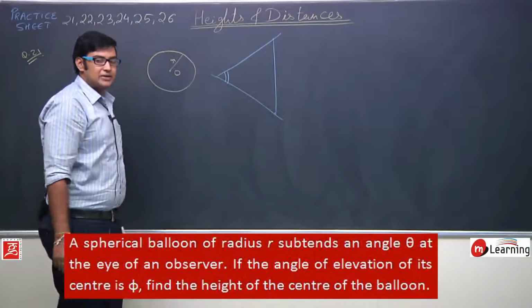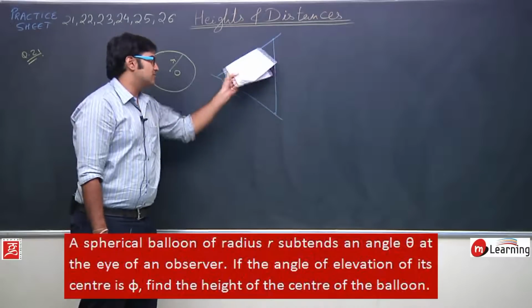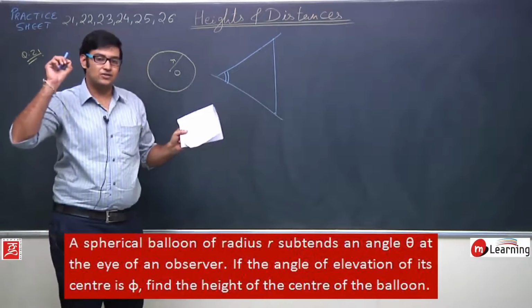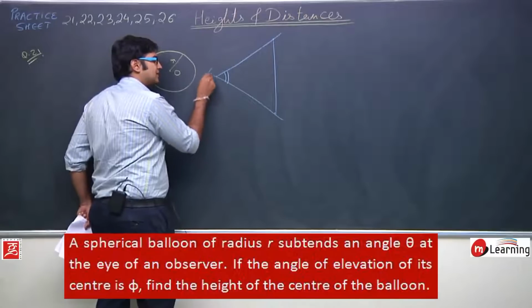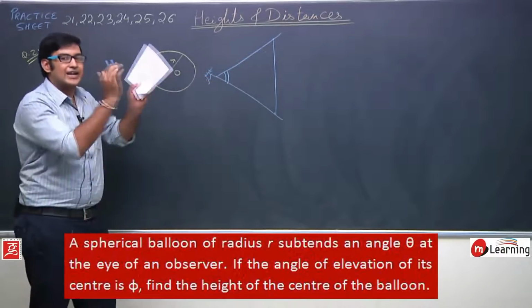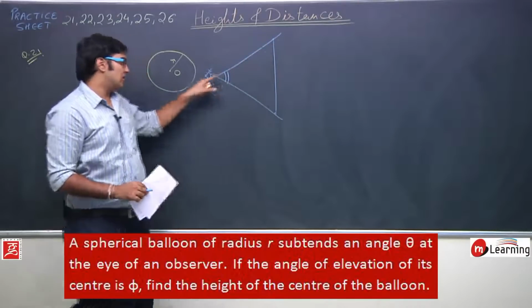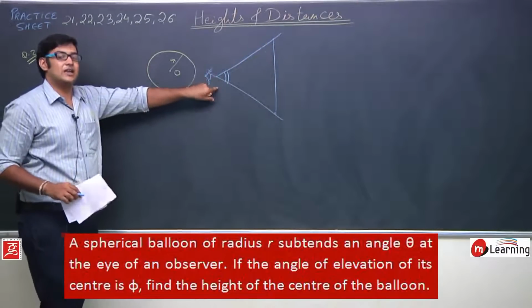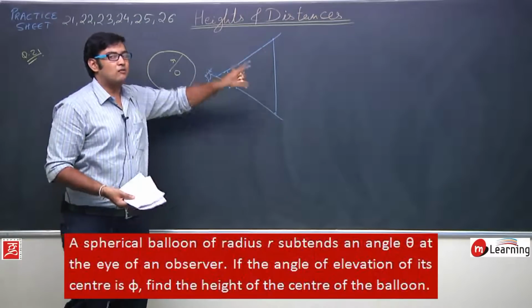Angle subtended means the lines drawn from the end points of this wall to the eye, the point at which the person is standing. The angle subtended by the ends of the wall in the person's eye will be known as the angle subtended by this wall.